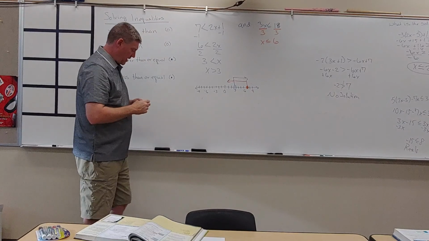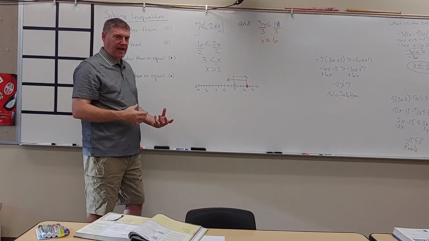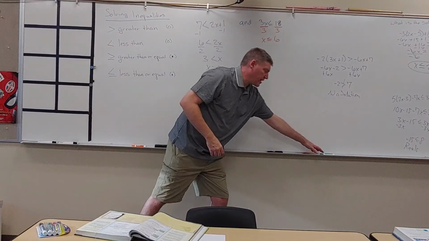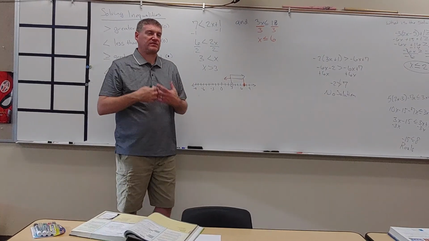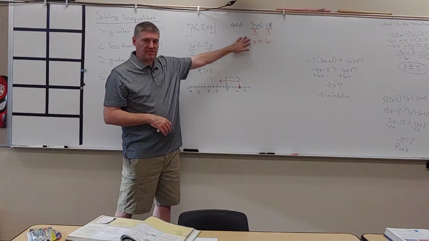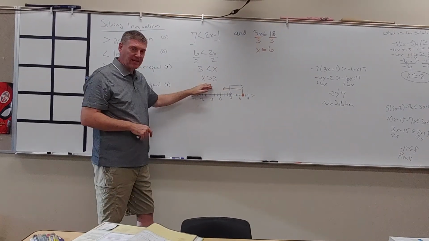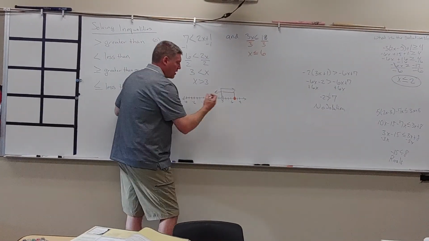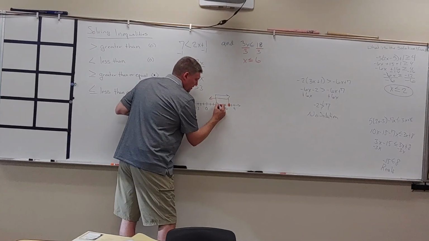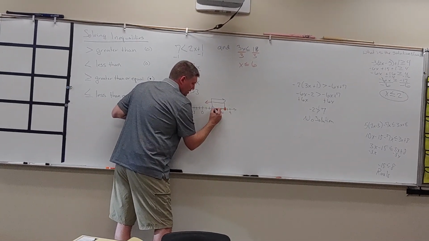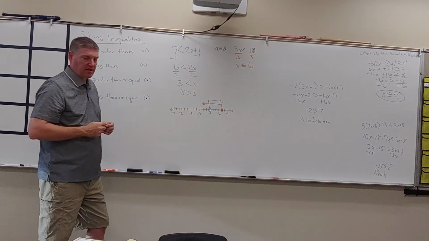Okay. Now, this says it's an and. Okay? So an and means it has to satisfy both of these inequalities. It has to be less than or equal to 6 and greater than 3. So my actual graph is going to be the joining of those.